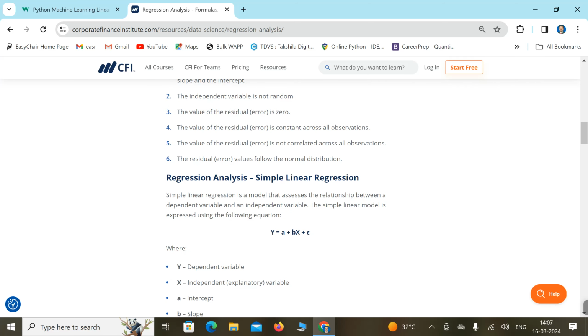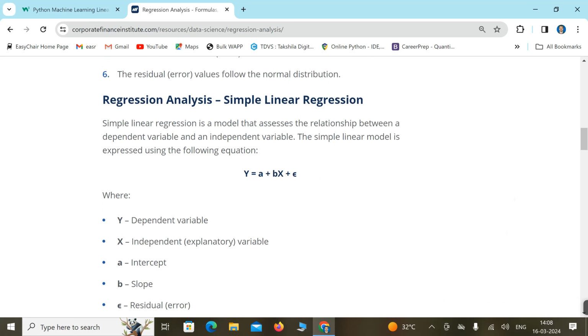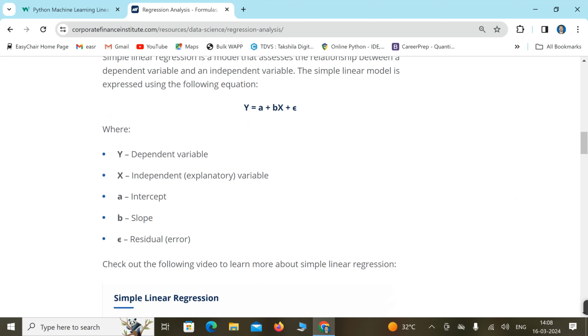So the simple linear regression follows the equation y = a + bx + epsilon, where y is the dependent variable, x is the independent variable, a is the intercept, b is the slope, and epsilon is the residual, which is the error.